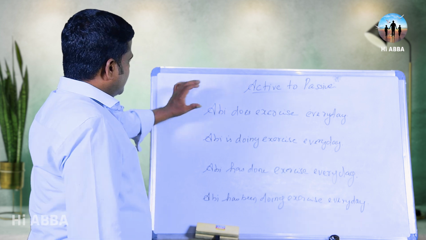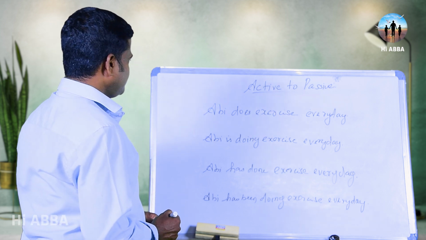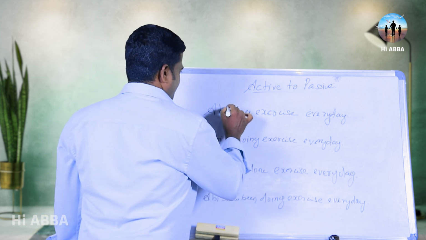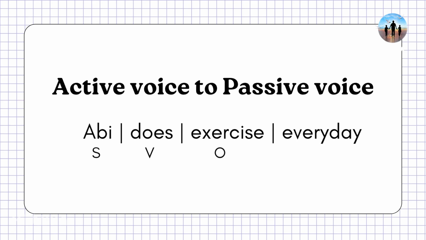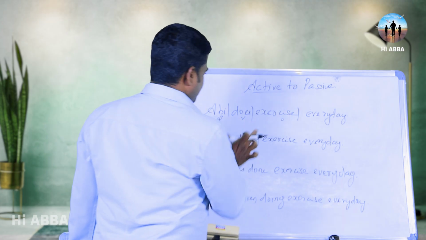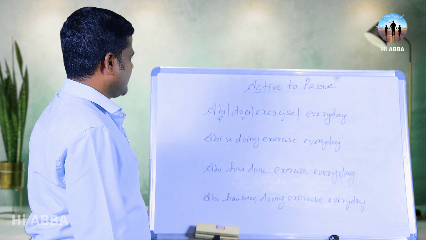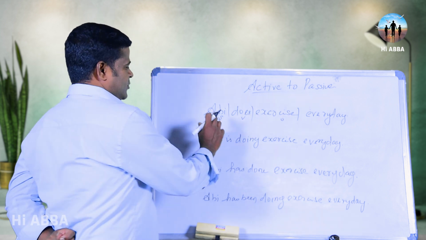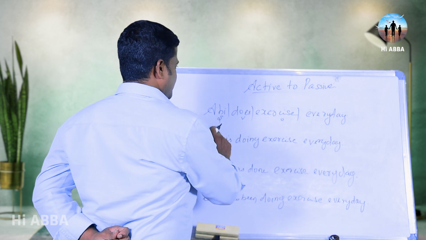Now we will try to change these sentences into passive voice. Now listen. We know how to split this sentence. This is subject, this is verb, this is object. Only for this sentence I am splitting and writing; other sentences I will write straight away. To change an active voice into passive voice, the object will become subject.